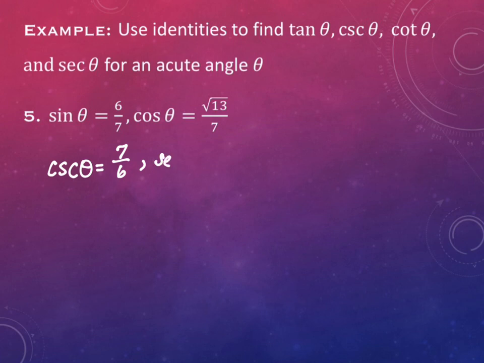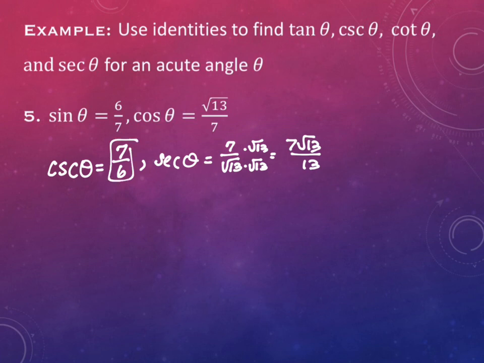That one is secant. Now this one's a bit messier. When I flip this one, I get 7 over square root 13. And I do need to rationalize. So I have 7 square root 13 over 13. Even if you can't get all 4, those 2 are the easy ones to get. You should get those because those are the flipped ones.